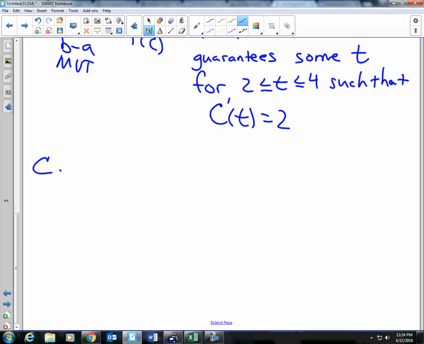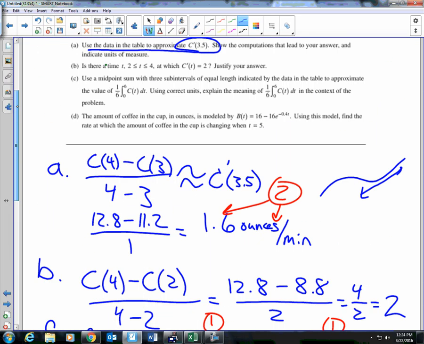Problem C, you're going to like a lot. Problem C says, use a midpoint sum with 3 subintervals of equal length indicated to approximate the value of 1 over 6 integral 0 to 6 of c of t dt. How many subintervals am I creating? 3.